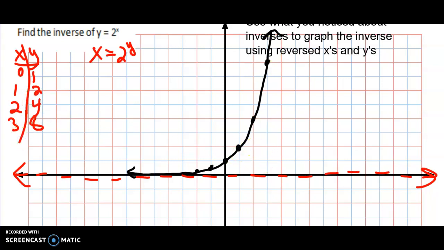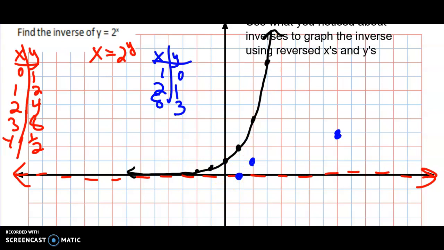So what's that look like reversed? Well, it'd be 1, 0. It would be 2, 1. It would be 8, 3. What else did we have here, gang? In the original one, when x was -1, what do we have, a half?